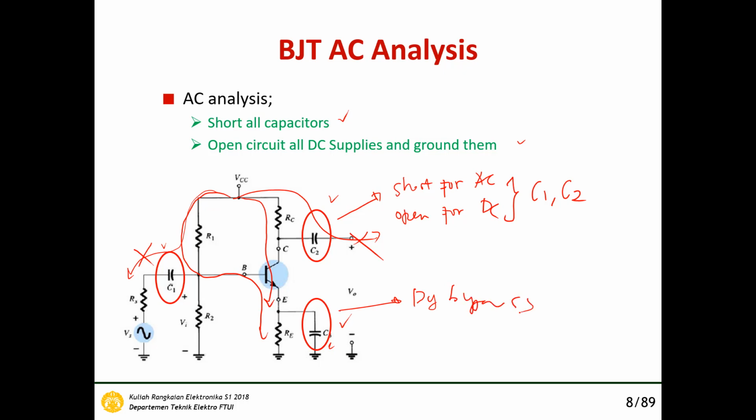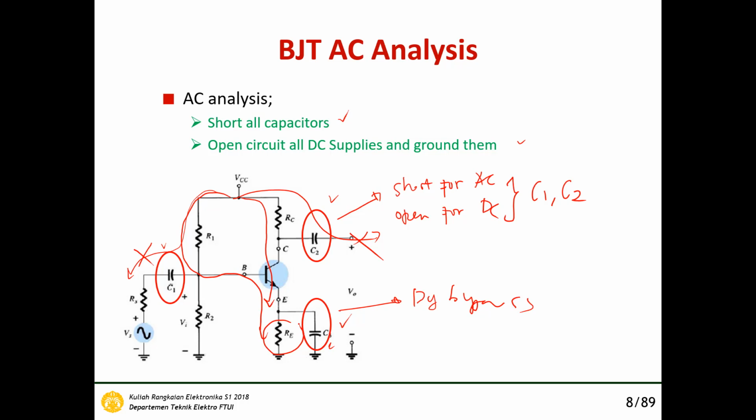So the bypass capacitor is useful in AC and in DC. In DC, this is open, and for AC it is short. And if you remember, the function of the emitter resistor here is to provide stabilization in the DC analysis.